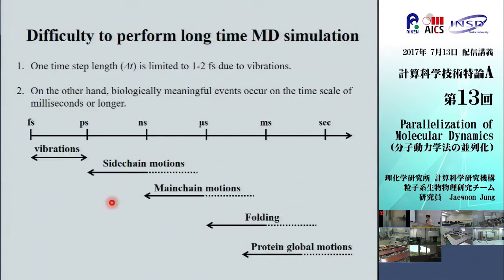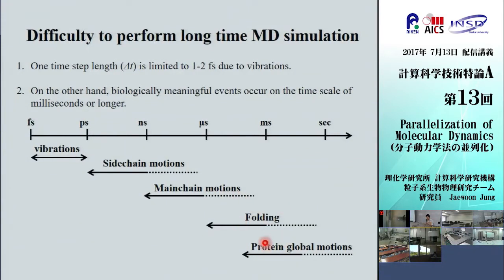So let's see. The atom vibration occurs at the femtosecond level. So that's why we should limit the time step to just 1 or 2 femtoseconds. The side chain motion occurs from picosecond to nanosecond level. And protein main chain motions occur from nanosecond to microsecond level.